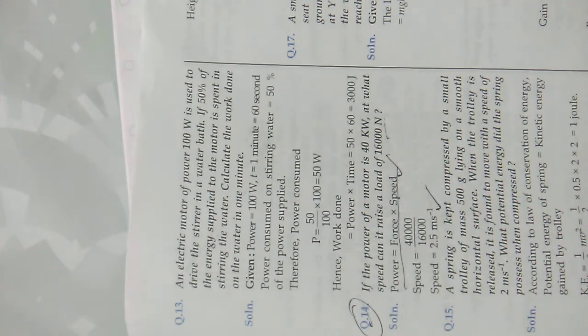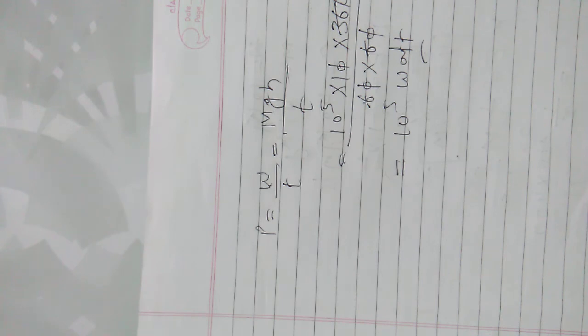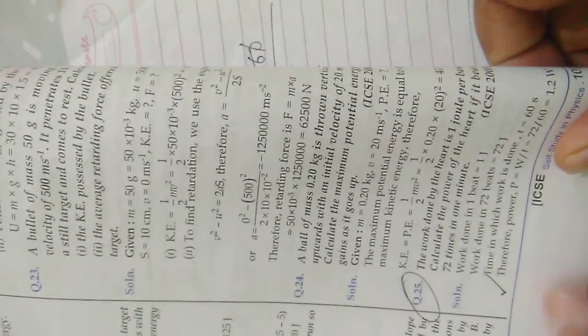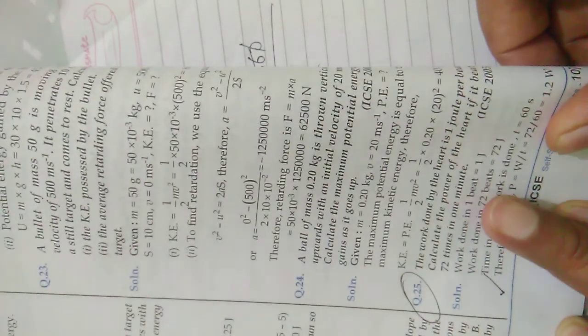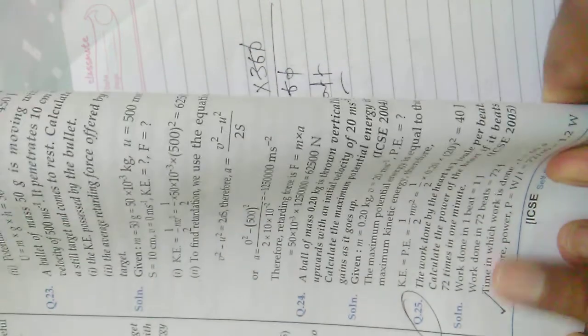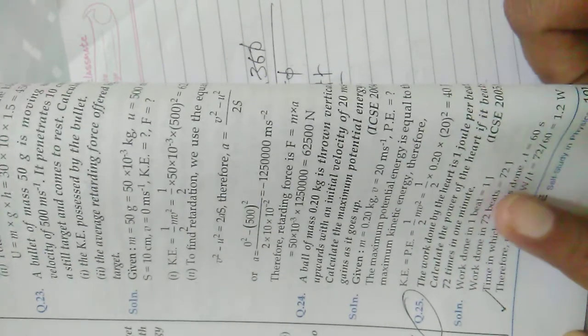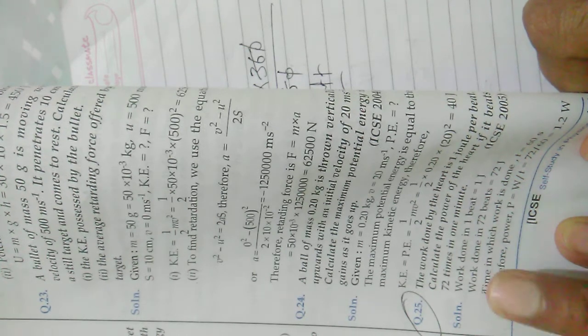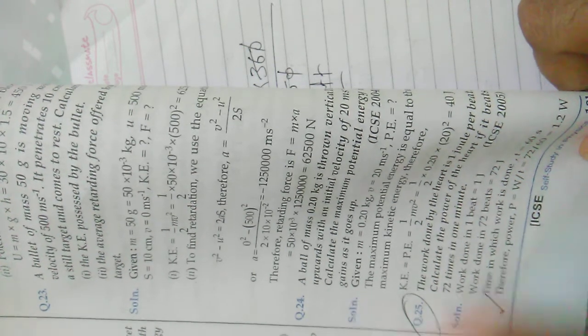Now coming to the next question, question number 25. It is also given in your book. The work done by the heart is 1 joule per beat. Calculate the power of the heart if it beats 72 times in 1 minute.